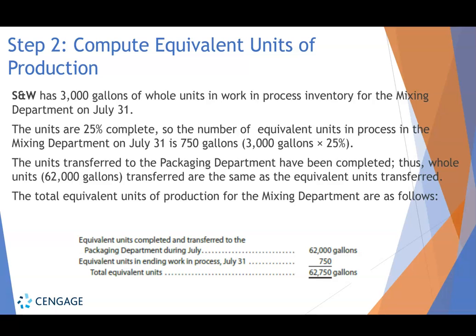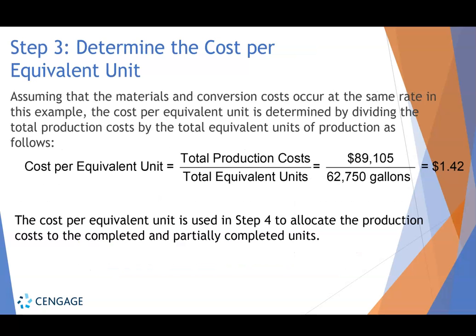The units transferred to the packaging department have been completed, so whole units, the 62,000 gallons transferred, are the same as the equivalent units transferred. The total equivalent units of production for the mixing department are the 62,000 gallons completed and transferred, and the 750 equivalent units at the end of the period. So total equivalent units, 62,750.